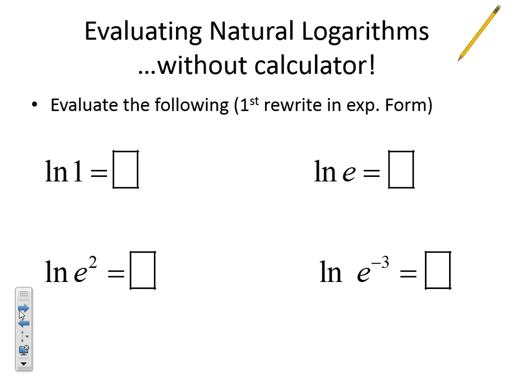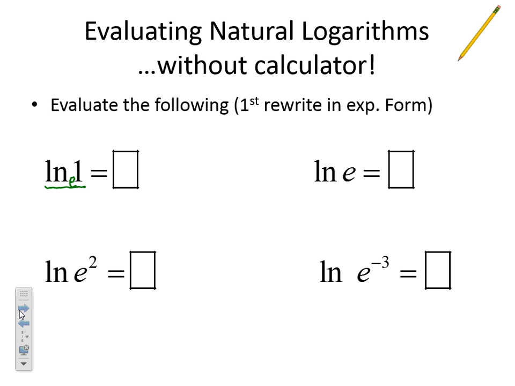Now, can we evaluate natural logs, especially without using a calculator when we need to? For this, I need you to write these 4 examples down here. We're going to evaluate the following. We're going to figure out what goes in the little box, and we're going to do that by rewriting it in exponent form first. If you notice, this first one is ln 1. So remember what that means.